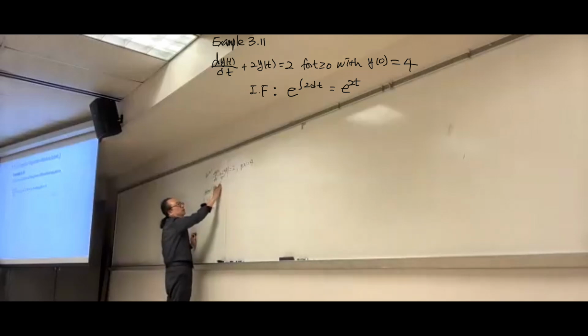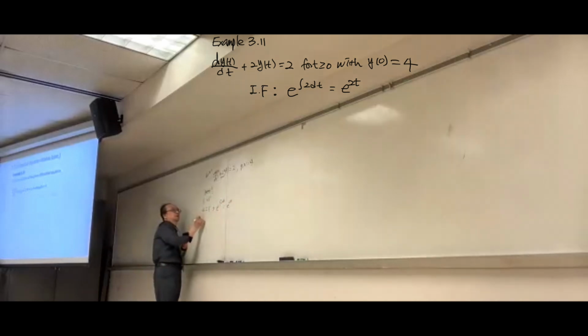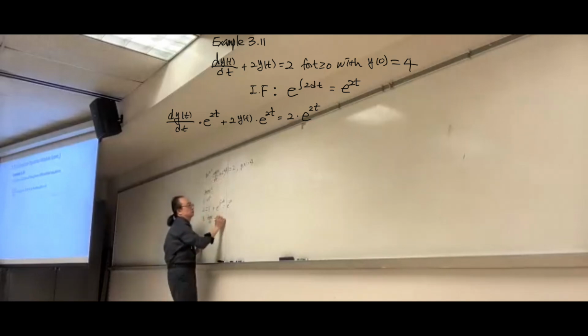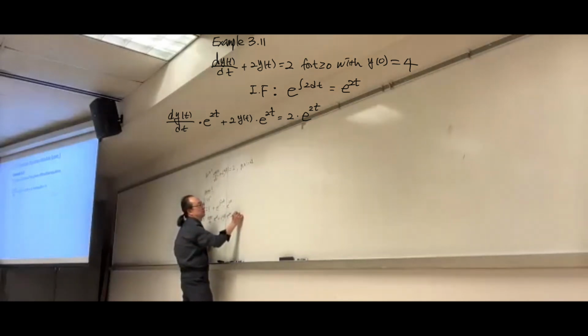So 2 dt, that equals e to the 2t. And then we multiply this integrating factor to everywhere in the differential equation. That is dy of t over dt times e to the 2t plus 2y of t times e to the 2t equals 2 times e to the 2t.